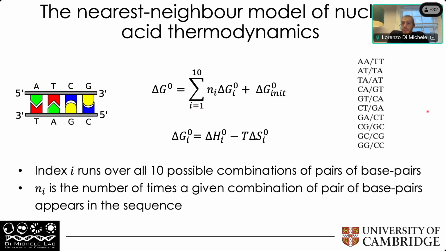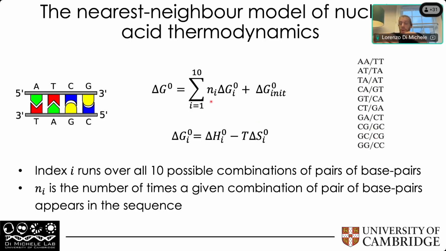You can write down this free energy expression in a slightly more compact way. If you count, actually, you will notice that there's only 10 possible combinations of neighboring pairs of base pairs. Try to count them, and you will find that there's actually only 10, and these are listed here.